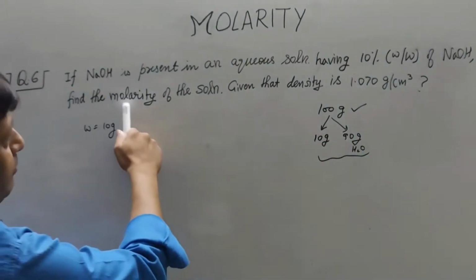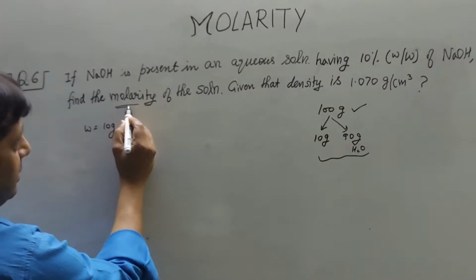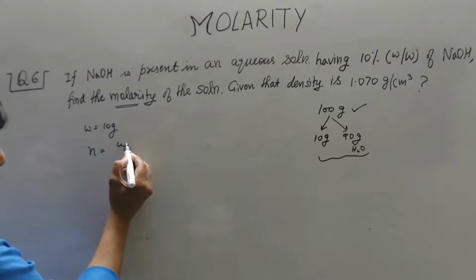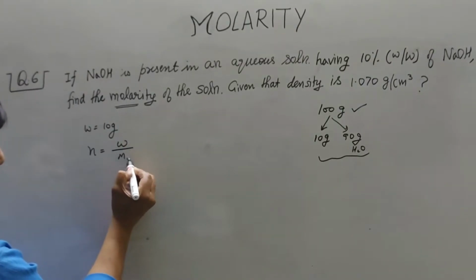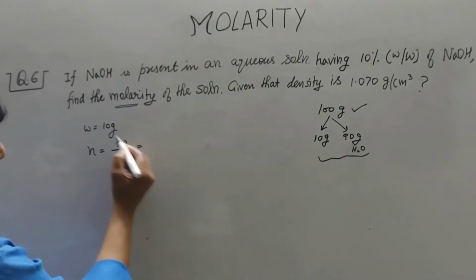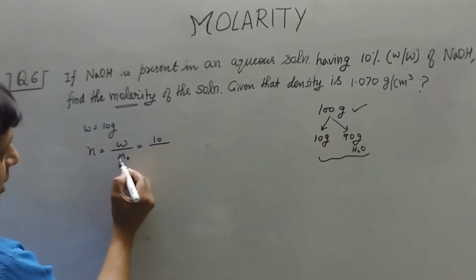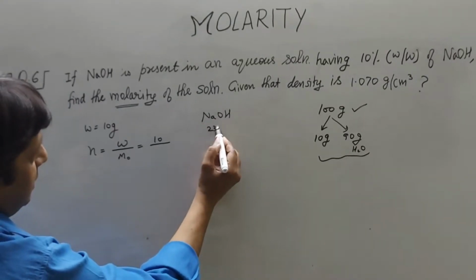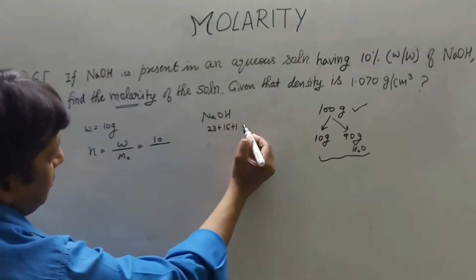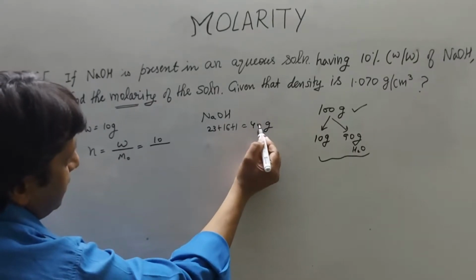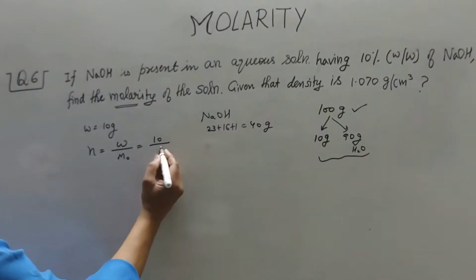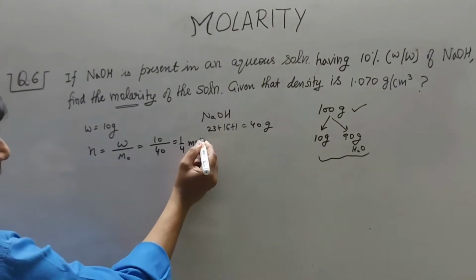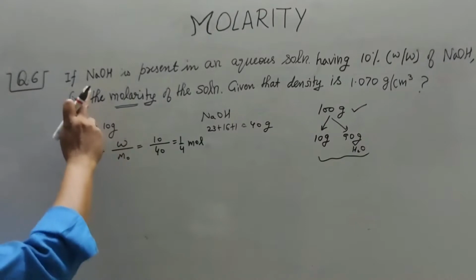But we have to find the molarity, and to find it, moles is equal to given mass divided by molar mass of sodium hydroxide. Given mass is 10, molar mass, let us find fastly, 23 plus 16 plus 1, that is equal to 40 gram for molar mass, divided by 40. This is equal to 1 by 4 mole. Number of moles are 1 by 4 mole of sodium hydroxide.